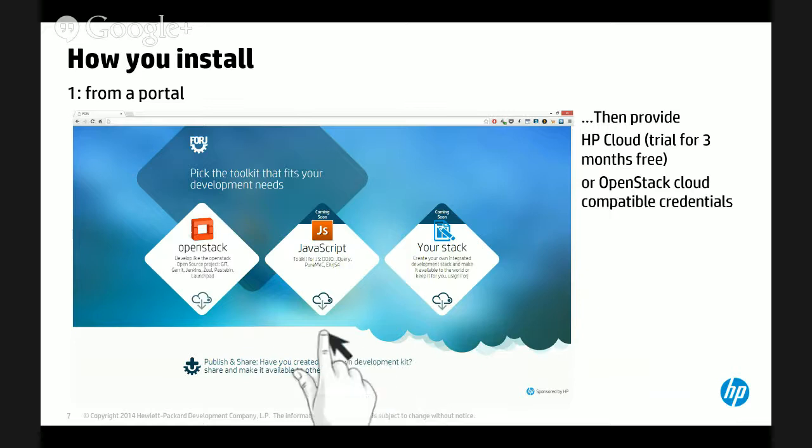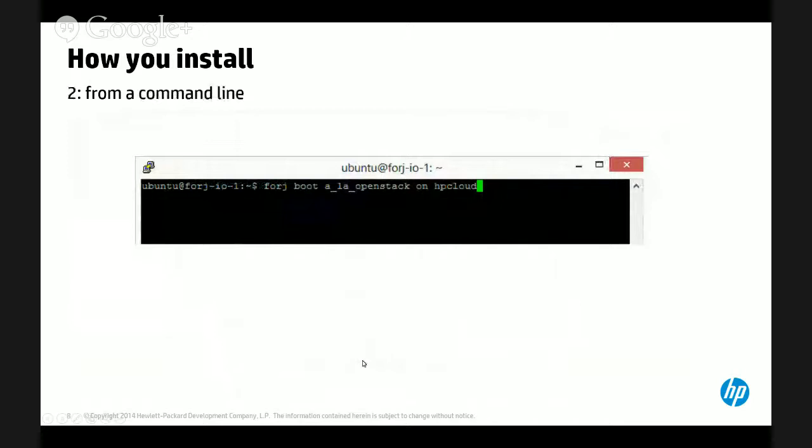Before I show you how it looks in the portal, I want to make sure I mention that there is another way, and this is what we think is going to be the main way you will interact with Forj: from a command line. From the Forj command line, you can select a blueprint that you want to install, select where you want to install it, and have this entire infrastructure stood up using this command line.